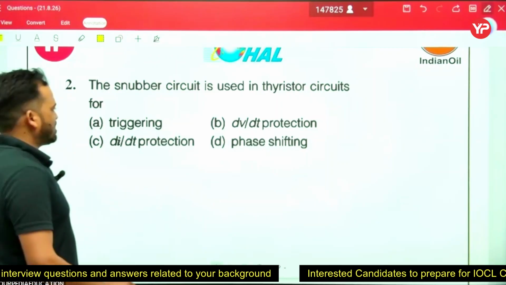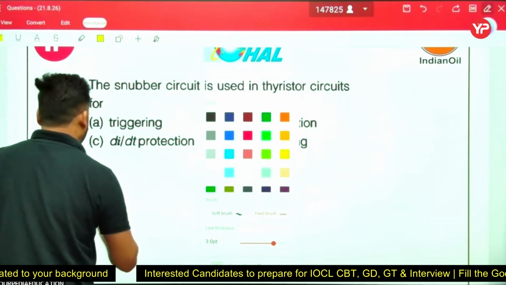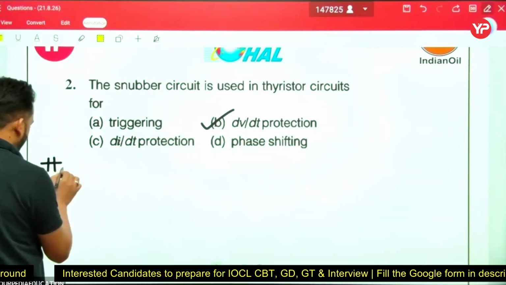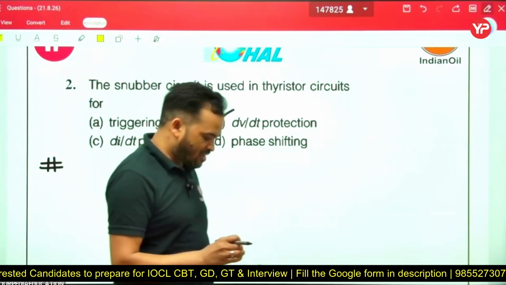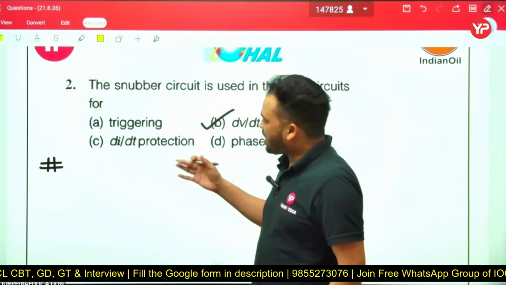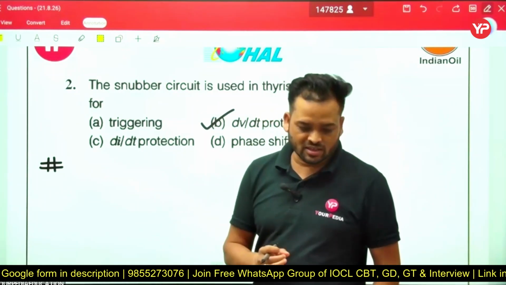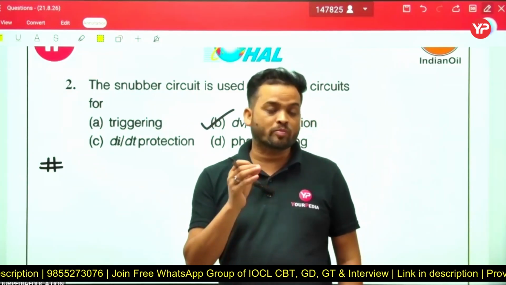Yes, dV by dt protection. Now here we discuss all the protection schemes of SCR. That is the agenda of our lectures. With the help of questions, we discuss the relevant things, or we can say all the concepts related to a particular topic.